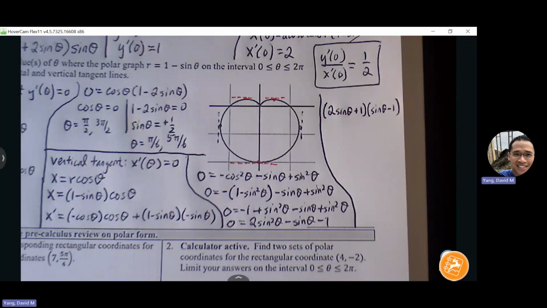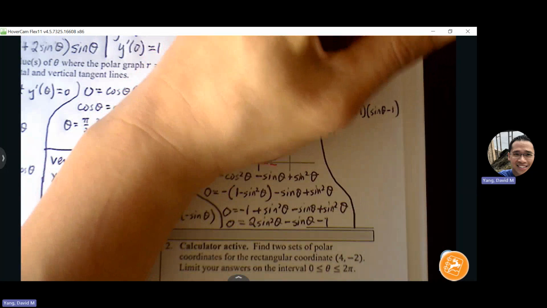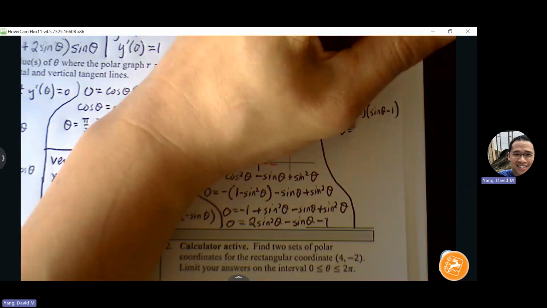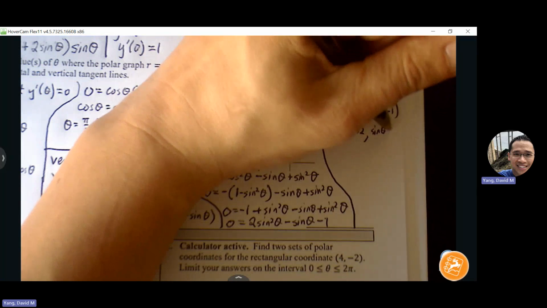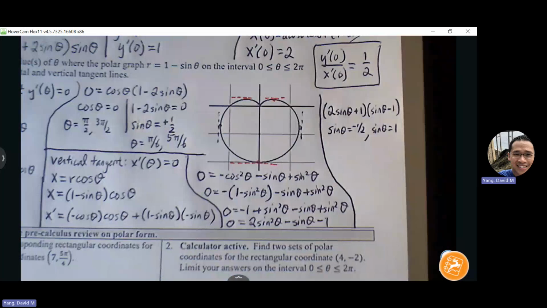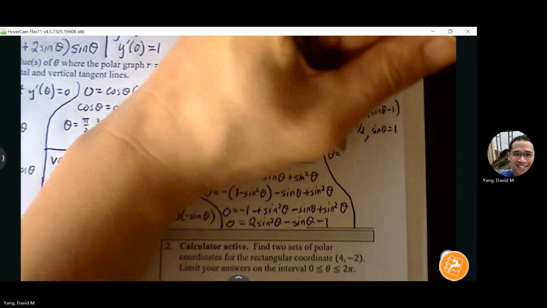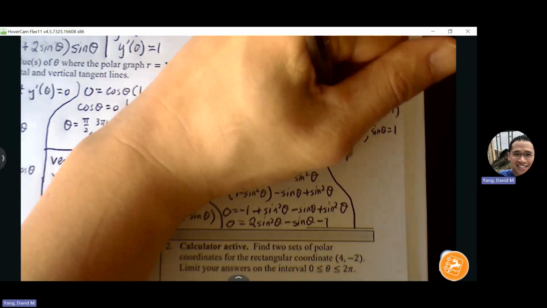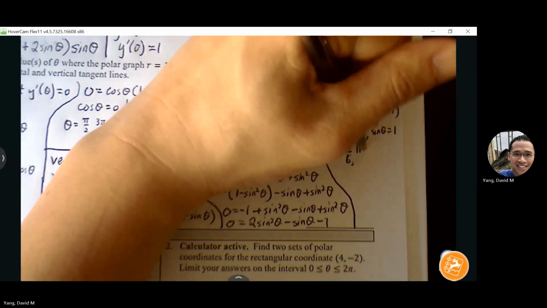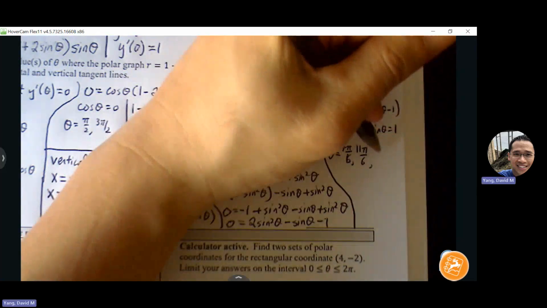Okay, I have my trinomial in factor form. Solve for theta here. I get sine theta is -1/2. Sine theta equals 1. Okay, where's sine equal to -1/2? 7 pi over 6. Mhm. 11 pi over 6. Third and fourth quadrant. Okay, where's sine equal to 1?